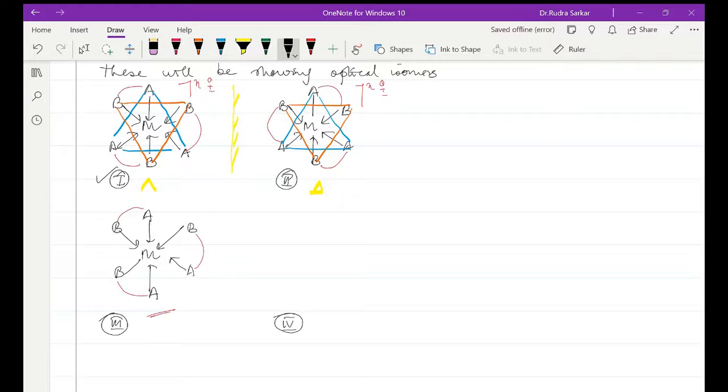So 1 and 3 are not equal. 1 and 3, they are not equal. They are different.